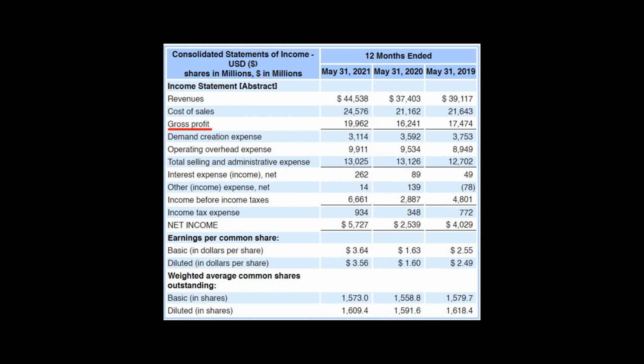It does not include sales and administrative costs, depreciation or interest costs. Gross profit does not tell us much, but we can use it to calculate the gross profit margin, which tells us the economics of the company.